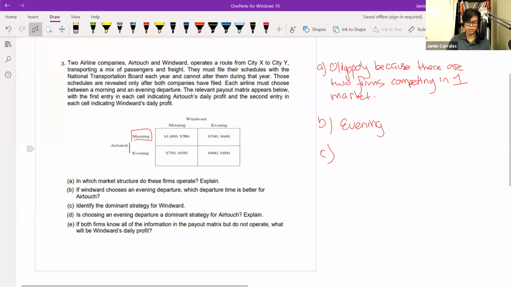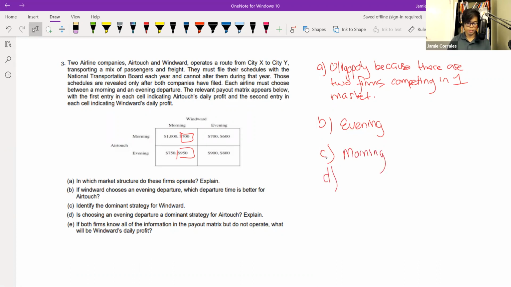Windward's going to do morning as well, because evening only has a payoff of 600, and morning has a better payoff, 700. If Air Touche does evening, what should Windward do? Windward will continue to operate in the morning because 950 is greater than 800. So Windward's dominant strategy is morning.